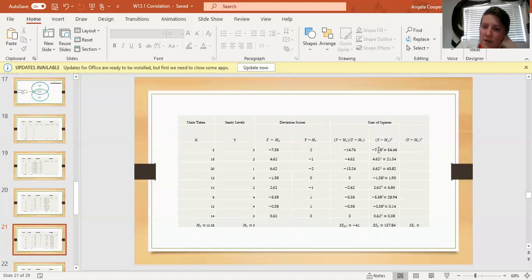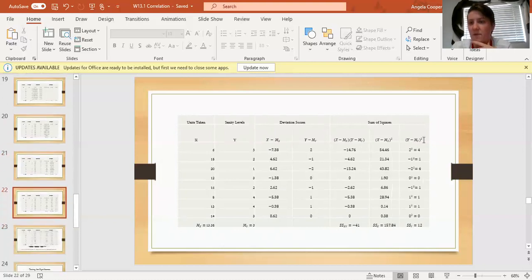So we have -7.38 squared, 4.62 squared, 6.62 squared, etc. That gives us all of these. We add those together to get the sum of squares: 54.46 plus 21.34 plus 43.82, and so on. That gives us 157.84.